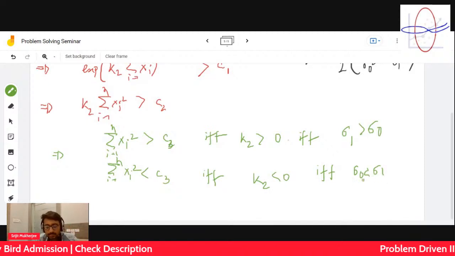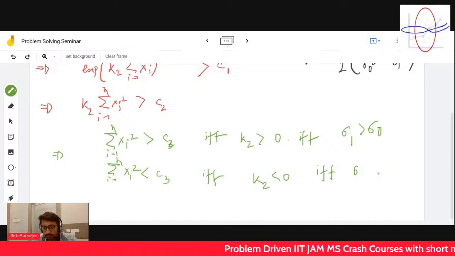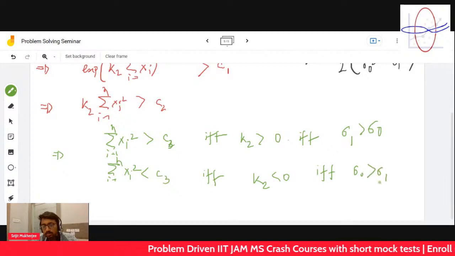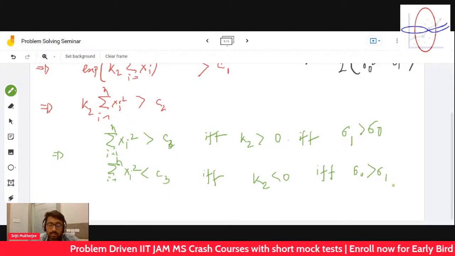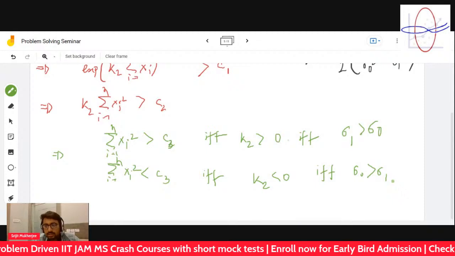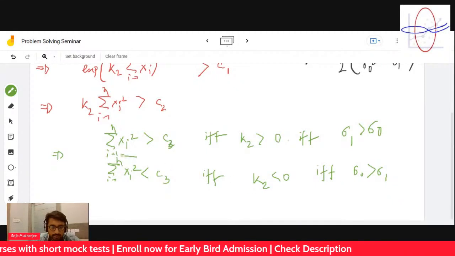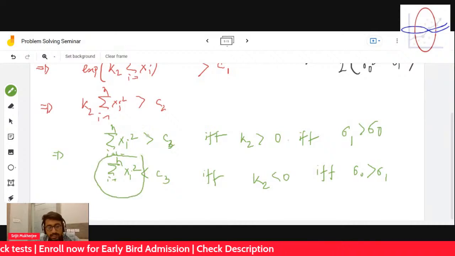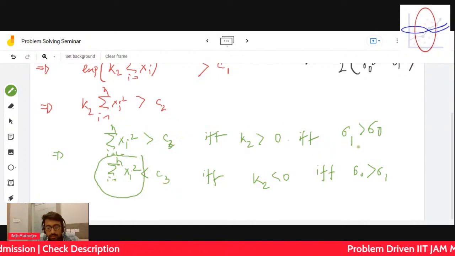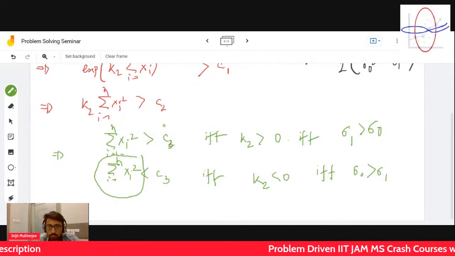If sigma naught is greater than sigma 1, that is H1 is lower, that means you reject if the sample variance is lower in some sense, and you reject the H0 in this case if the sample variance is more. So you see how these two are coherent with each other.